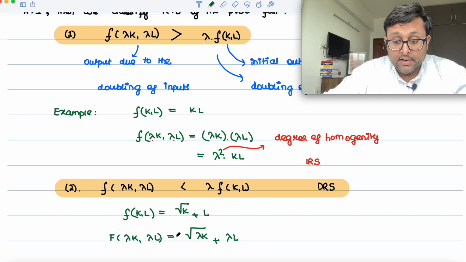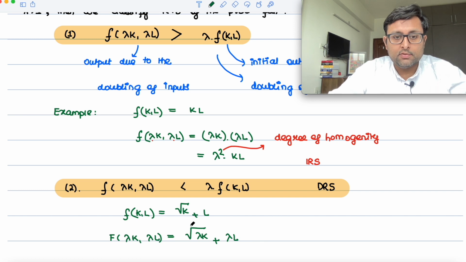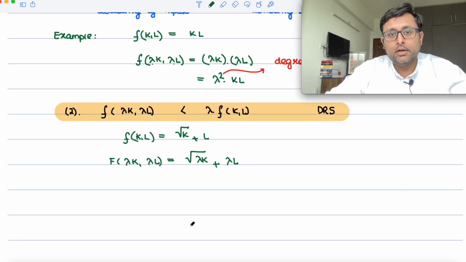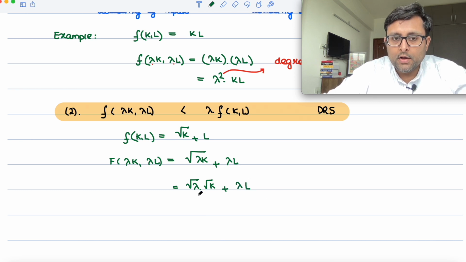So lambda is not completely factored out. So just depending on that homogeneous function definition, you cannot answer returns to scale. So you'll have to use logic only. So can I write this as root of lambda k plus lambda l? This is what I'm going to get. Root of lambda into root of k plus l.